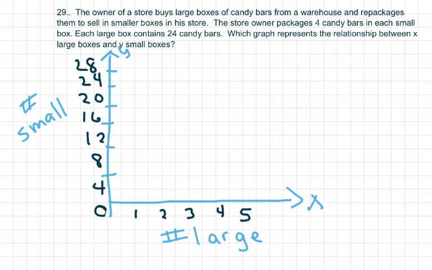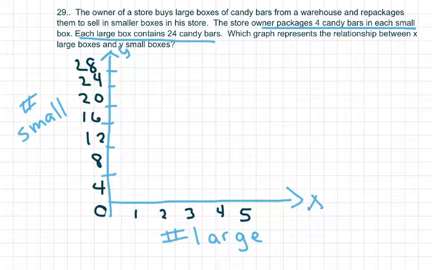All right, 29. The owner of a store buys large candy boxes. The large box contains 24, and he divides this all up by 4 into small boxes.